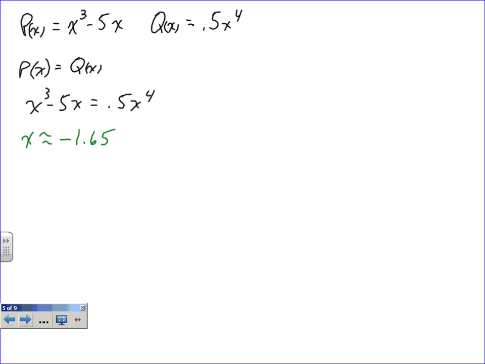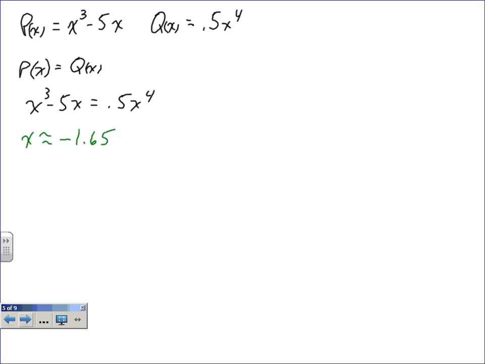Does it look like they cross somewhere else? Kind of looks like, you know what, I gotta go back to my trace, get that type of cursor. And it kind of looks like they cross here. So we do that again. Second trace, go down to intersect, and then enter, enter, enter.